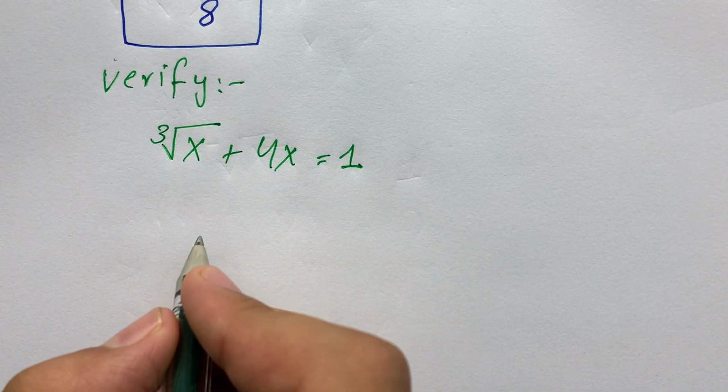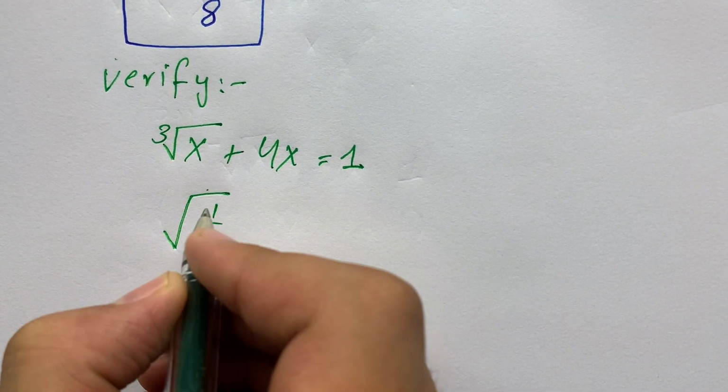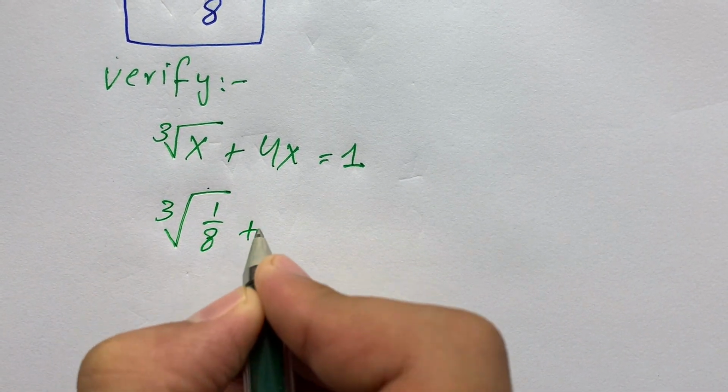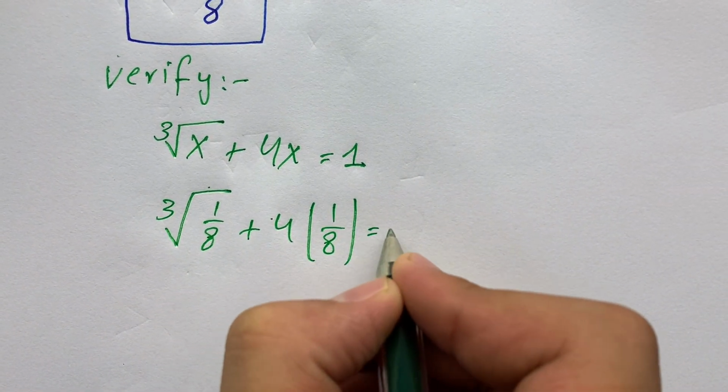Now we are putting root of 1 divided by 8 × 3 plus 4 × 1 divided by 8 is equal to 1.